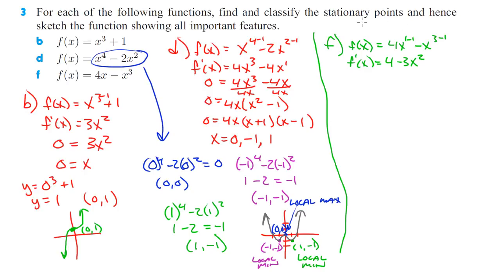Okay. Stationary point, we know that the slope of the tangent there is going to be 0. So we get 0 equals 4 minus 3x squared, and we've got to figure out when this is going to equal 0. Now, I can't really think of much that is going to help us out factoring-wise with this, so if I can't think of something that's going to factor, I'm just going to plug it into the quadratic formula.